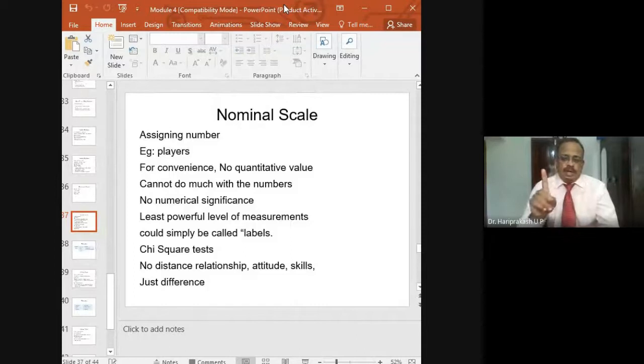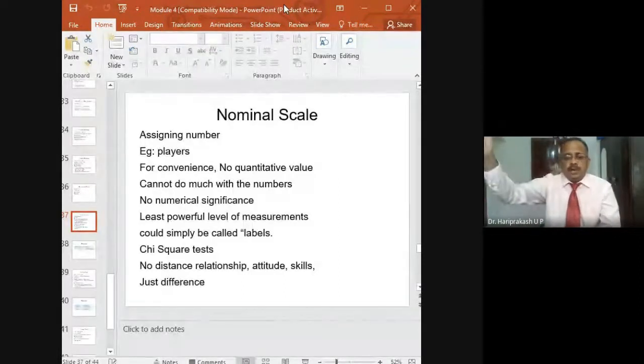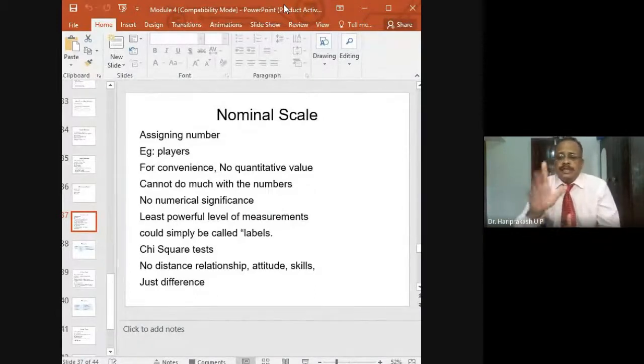Number 1 does not mean that he is an excellent player, 2 does not mean anything, or 10 does not mean that he is a very good player or not a very good player. It does not mean anything. It is just for identification. So that type of scale is called a nominal scale, where you give a name or assign a number.